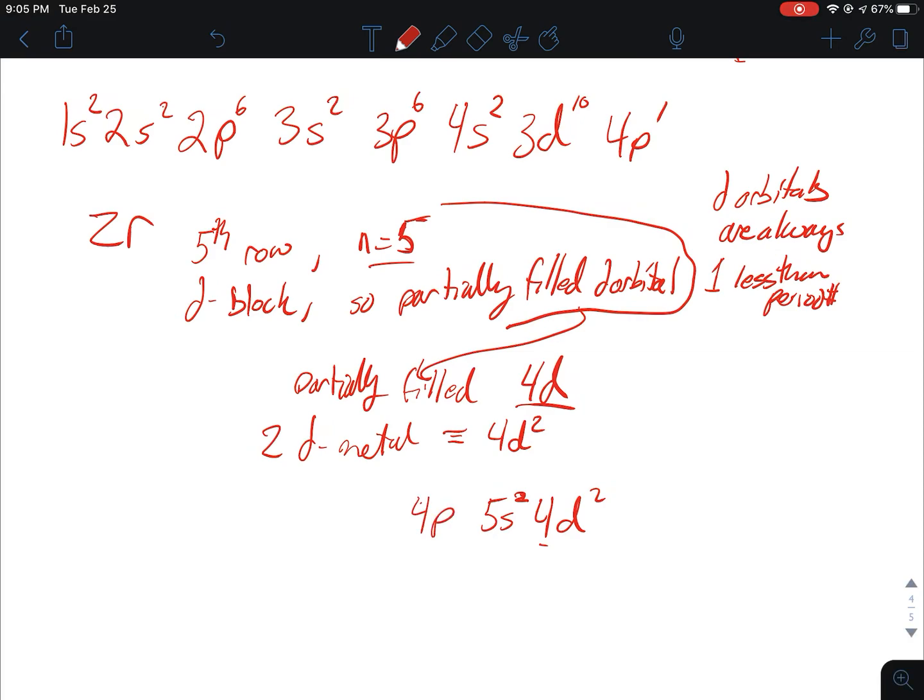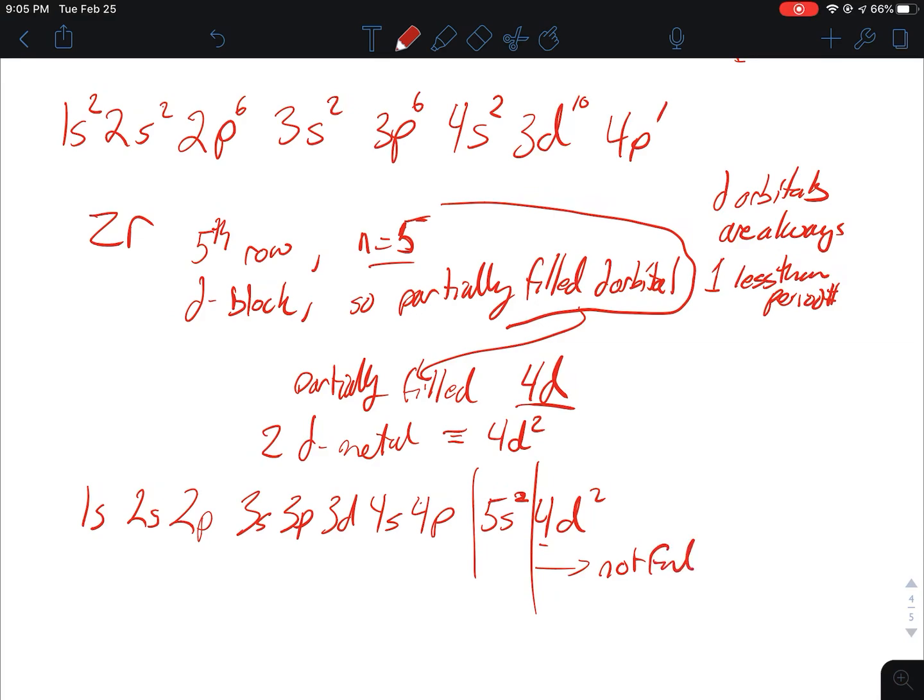If this is 4d, then I have to have a 4p, a 4s, a 3d, a 3p, a 3s, a 2p, a 2s, and a 1s, and they're all full. This is the only one that's not full. Everything else is full, so I just have to know that p's have 6, s's have 2, d's have 10.